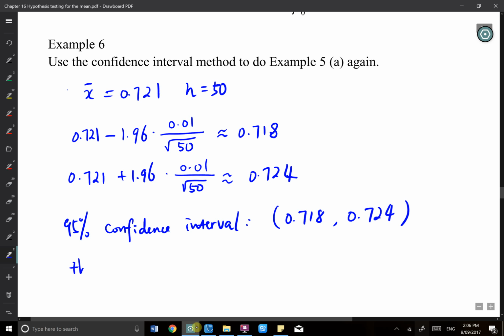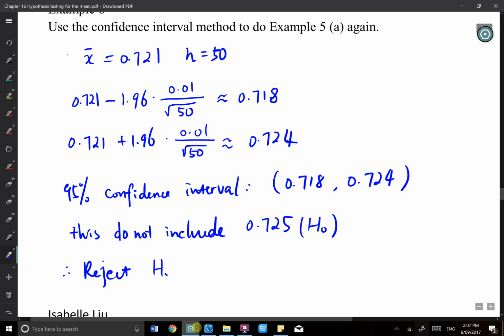This does not include 0.725, which is the H0. So reject H0 at the 5% significance level.